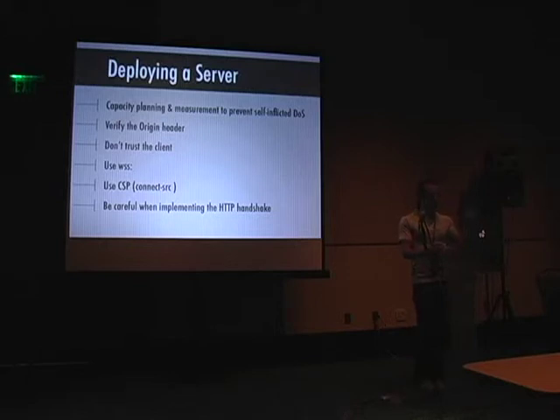And the last point on this slide, be careful when implementing the HTTP handshake, meaning if you are writing your own WebSocket server and not reusing standard servers of wide distribution. Be careful, because when you do the handshake, you can have a few problems. Like you can be easily fingerprinted. That's the smallest of the problems, up to buffer overflows and other issues.